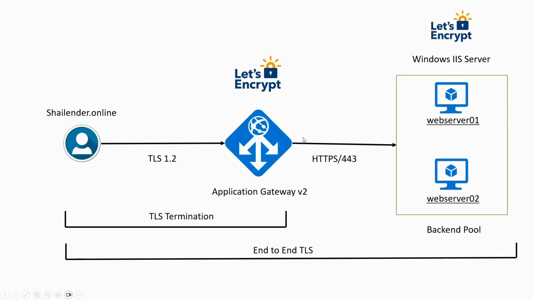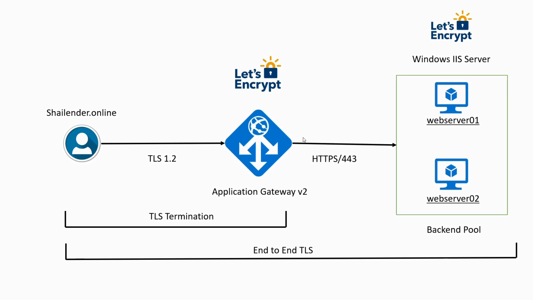To summarize this video, we first created two Windows web servers 01 and 02 and then installed the IIS server on them. Later we generated the certificate using Let's Encrypt on one of the Windows servers. And on server 01 and 02, we imported that certificate. And those web servers started listening on port 443.